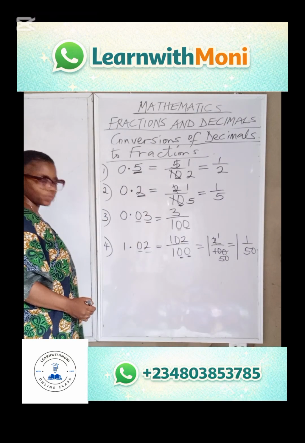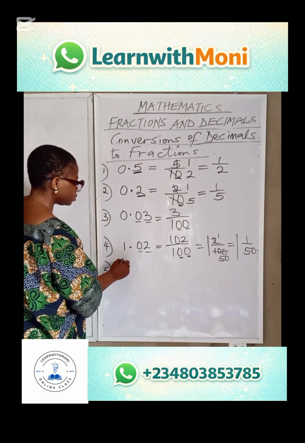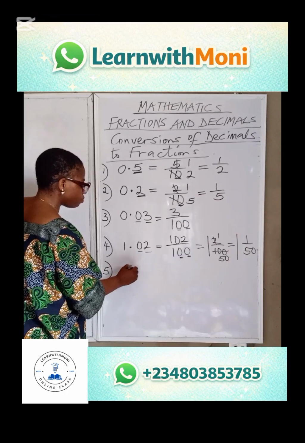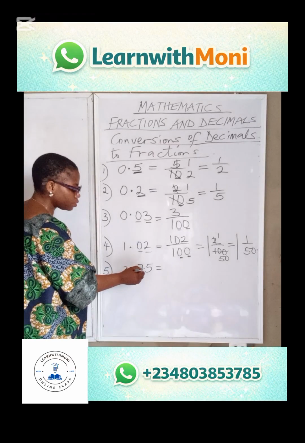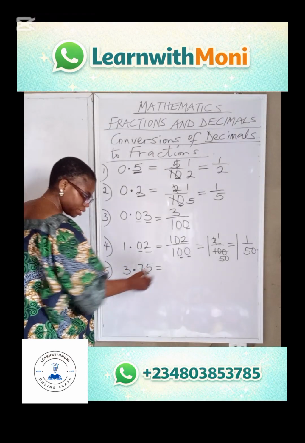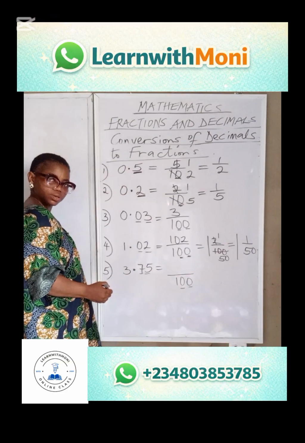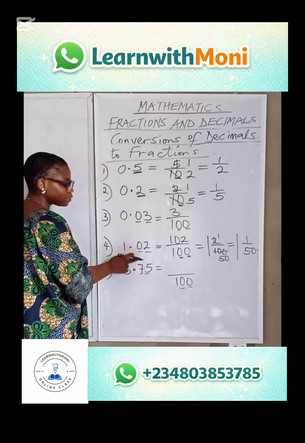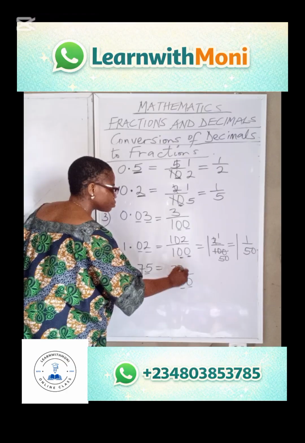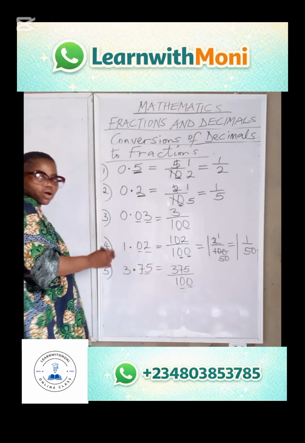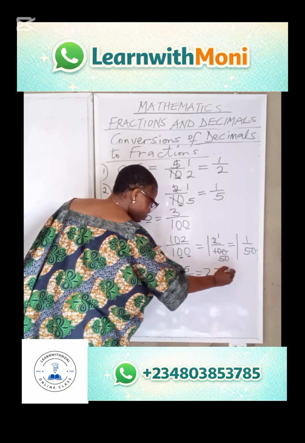Do you see that? Let's see a situation where I have numbers like 3.75. 2 digits at the back of the decimal point. That means I have over 100, 2 zeros. And my numerator is going to be 375. 375 divided by 100 is 3 wholes 75 over 100.